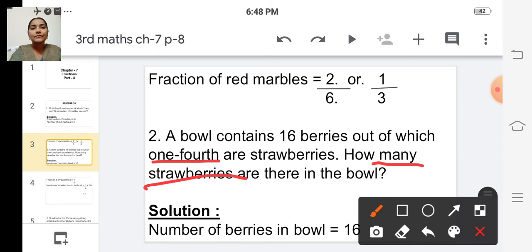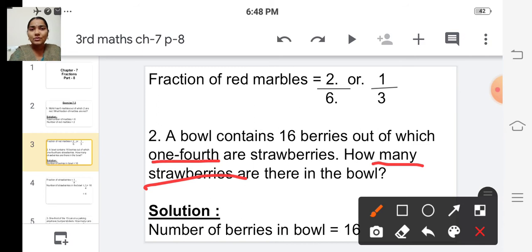Okay, children. So a bowl contains 16 berries, out of which 1/4 are strawberries. In the previous class we have learned how to find the fraction of a collection. We have to divide the whole number by the denominator of the fraction.